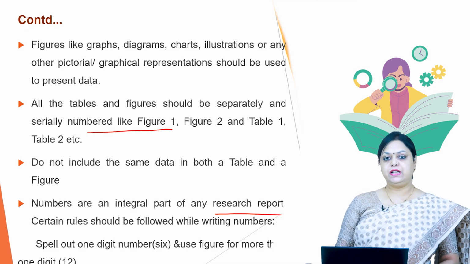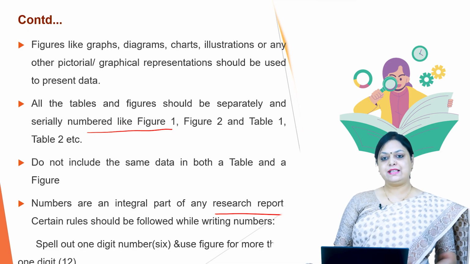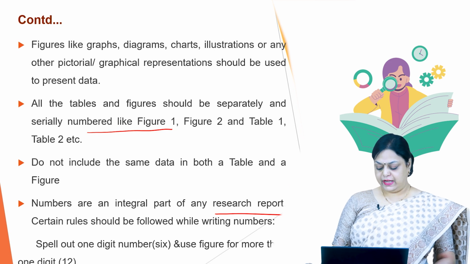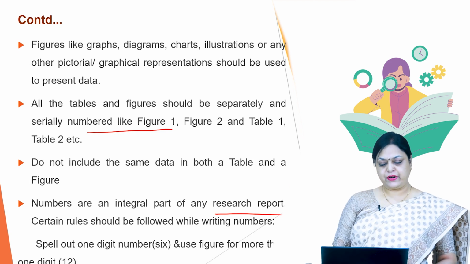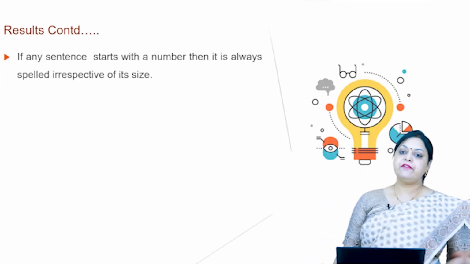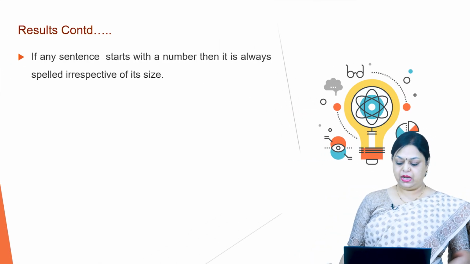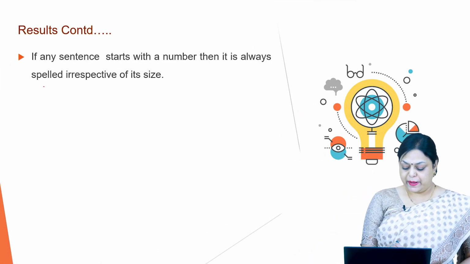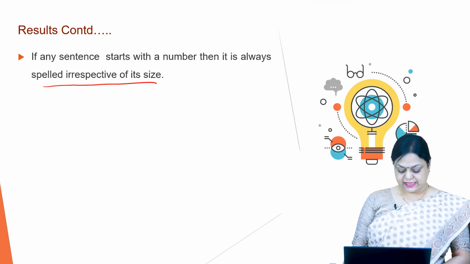Spell out one-digit numbers, as 6 is six, and in case of the 2-digit number, write it in figures, as 12. If any statement starts with a number, then it is always spelled out irrespective of its size.